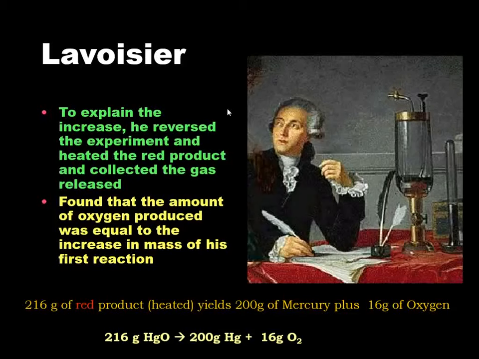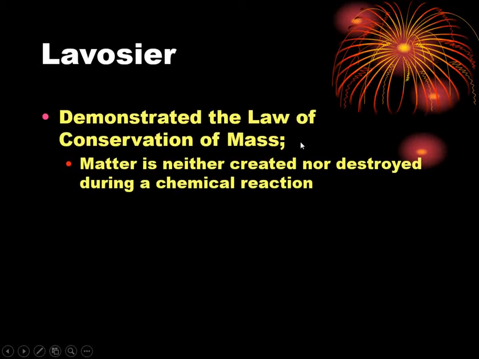So the amount that he actually collected was equal to the amount that this red substance increased. Okay. This also came to demonstrate the law of conservation of mass. Matter is not created or destroyed during a chemical reaction. It's just moved around.